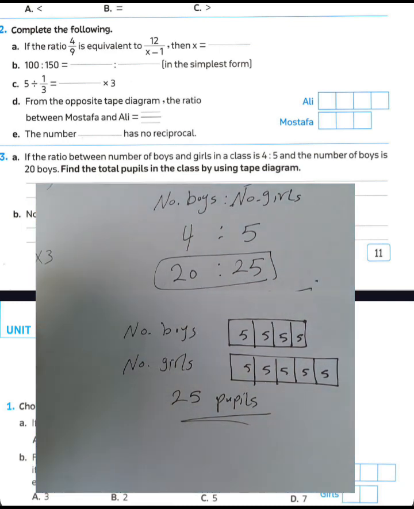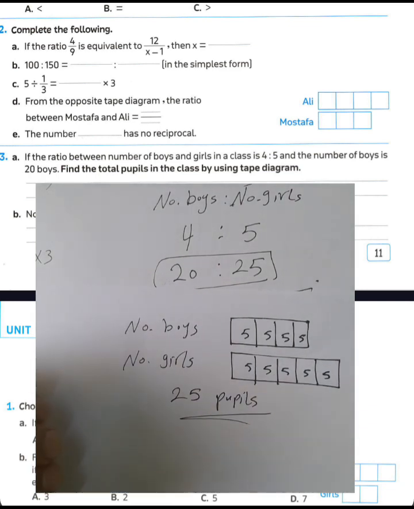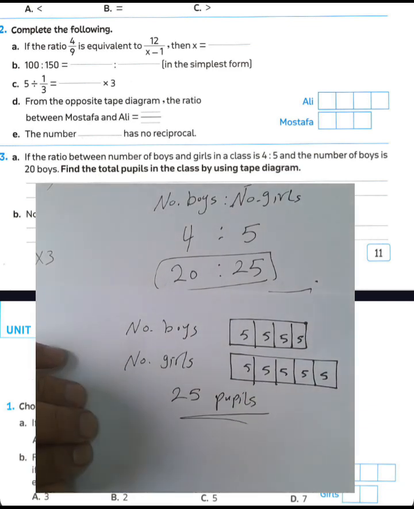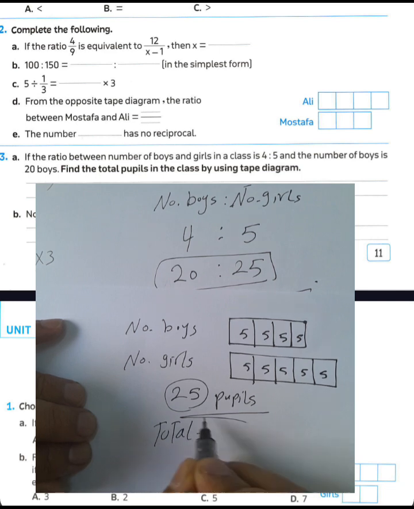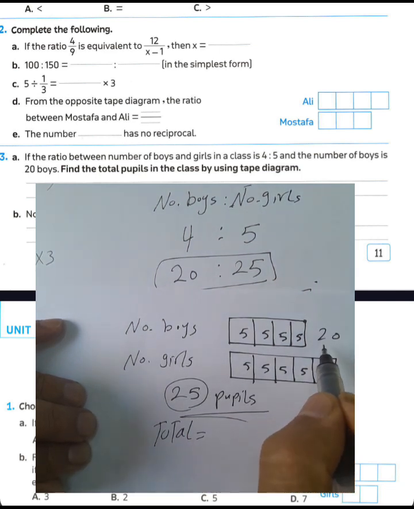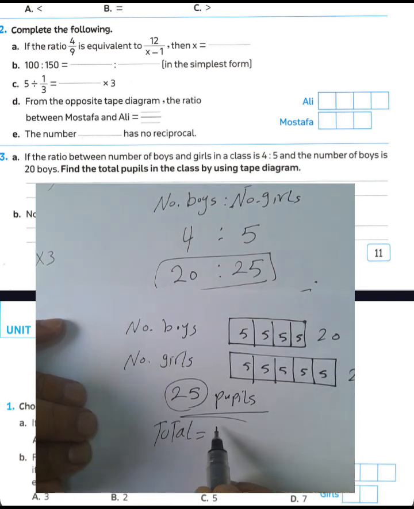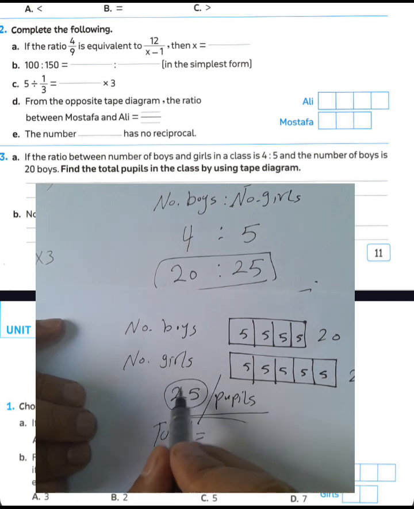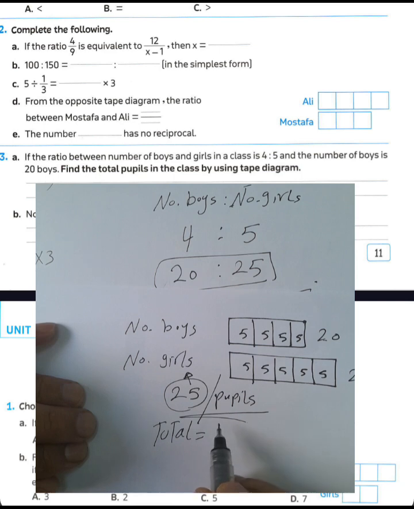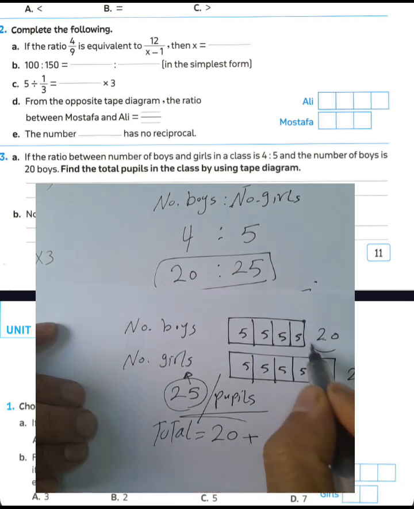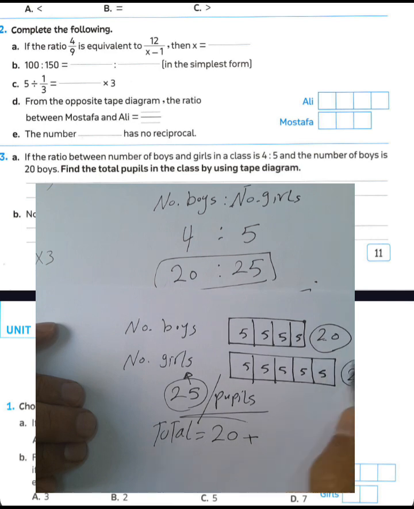But he wants to find the total. Look here, find the total. We have 25 girls, then for the total, write the number of boys was 20, and here 25. Then we have 25 girls and 20 boys. Then the total will be the sum of them, the number of boys and the number of girls.